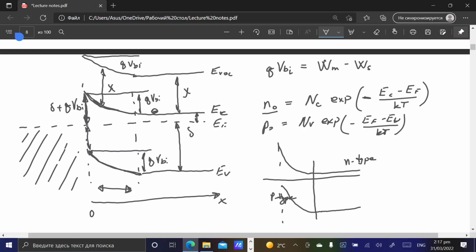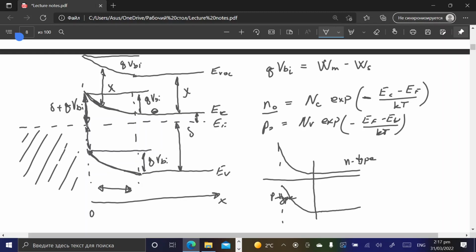So if we deplete this layer by majority charge carriers, that is the reason for the name of this region, depletion region. We have less majority charge carriers in this layer in comparison to the neutral region of the semiconductor. The resistance, or electrical, let's stick with electrical conductivity.